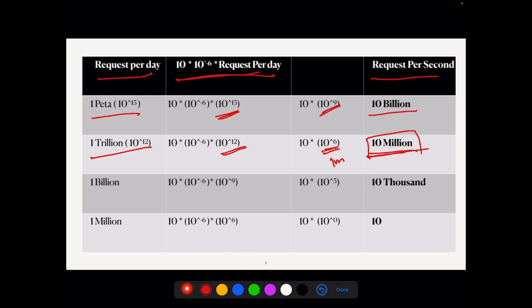Easily we can calculate it, correct? Similarly, for 1 billion, we replace this with 10 to the power 9. 9 minus 6 is 3, so 10,000, right? So using this formula, you can very easily find out how to do this.